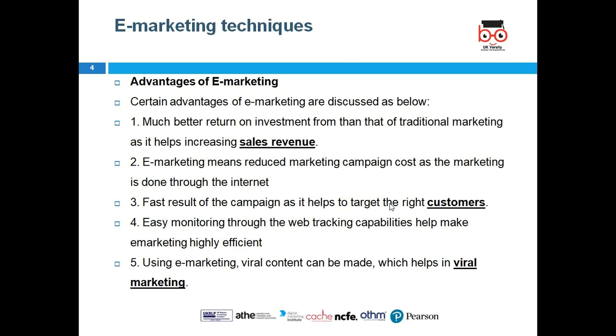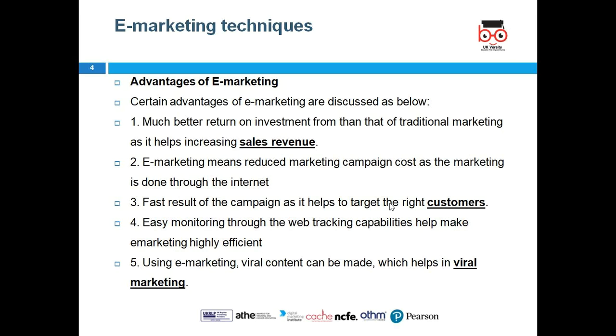However, if you drop a leaflet, then the printed material itself could be 10 pence, and the postage and other things could cost you £1 per person, isn't it? Yeah. The fast results of the campaign: it helps to target the right customer, so it's fastest as well. And easy monitoring through the web tracking capabilities helps make e-marketing highly efficient.